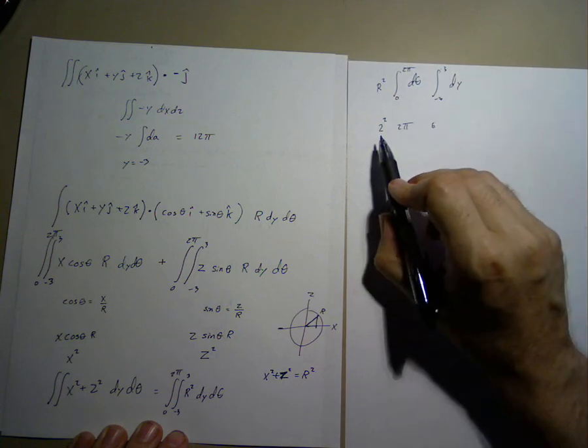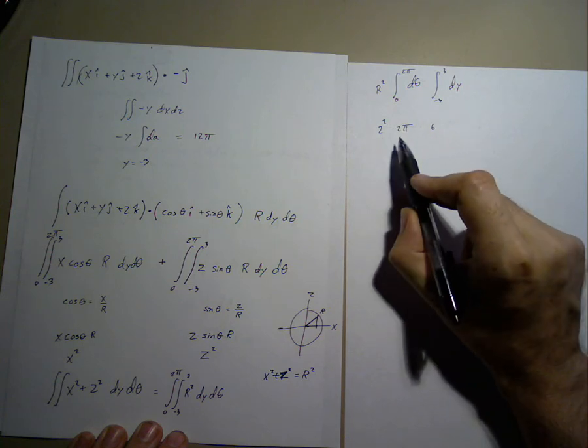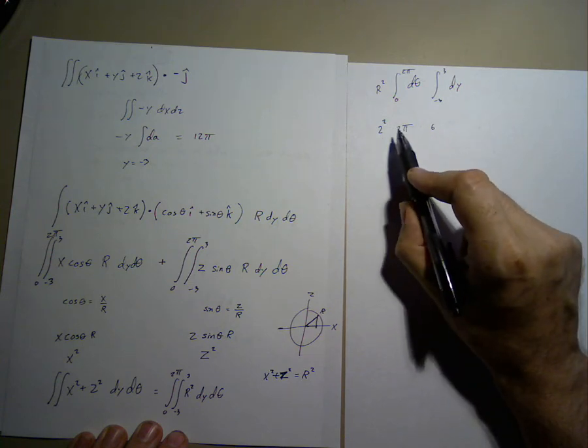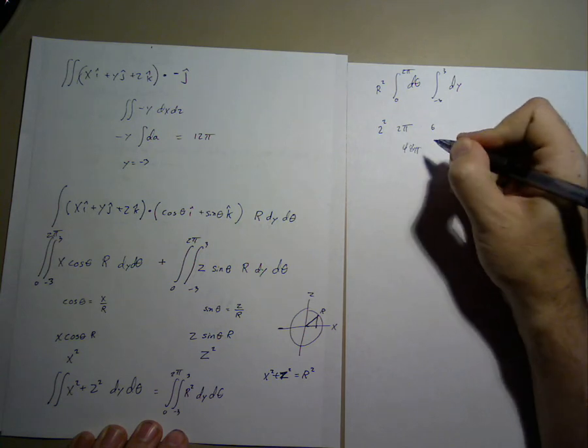And we have 4 times 6 times 2 pi, that's 8 times 6, that's 48 pi.